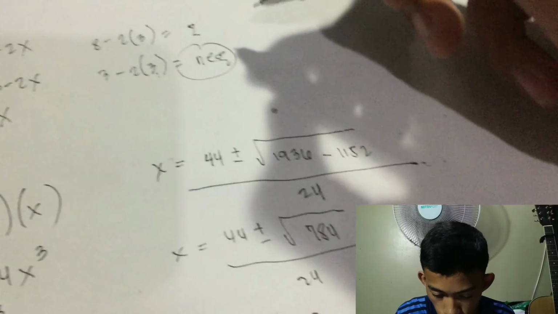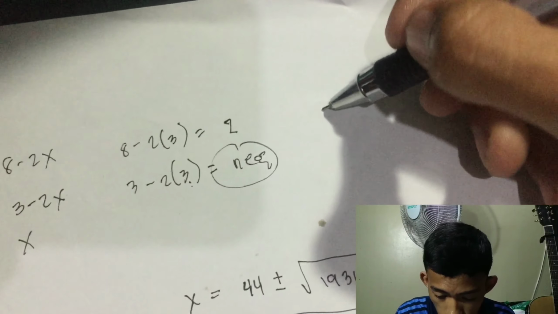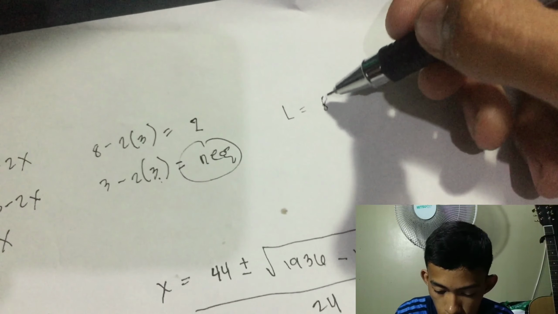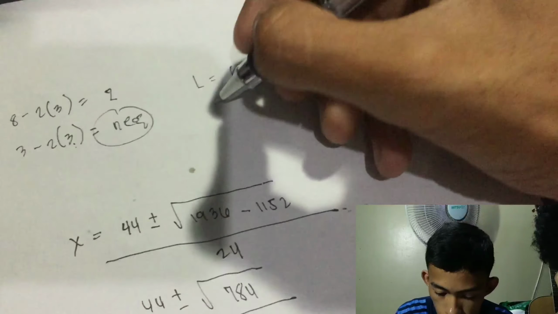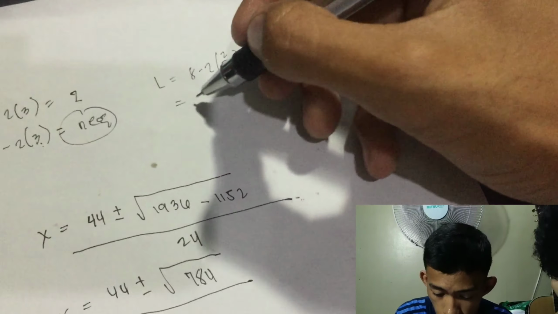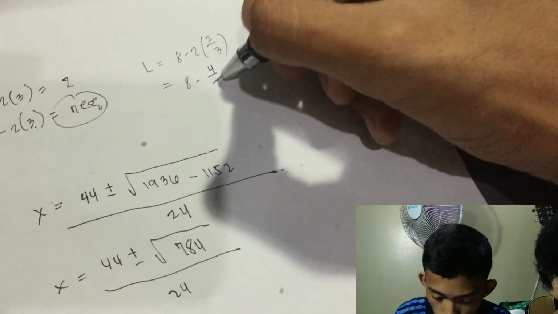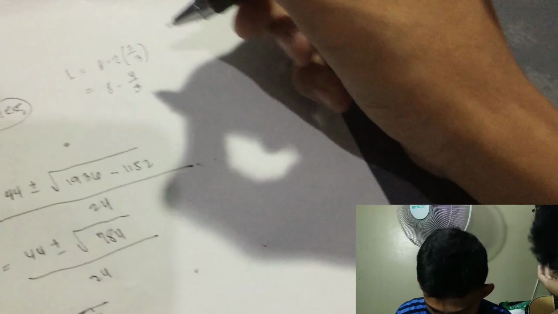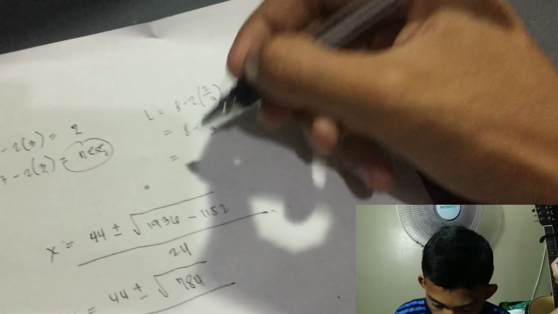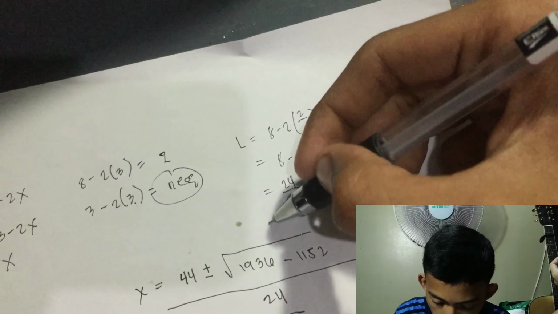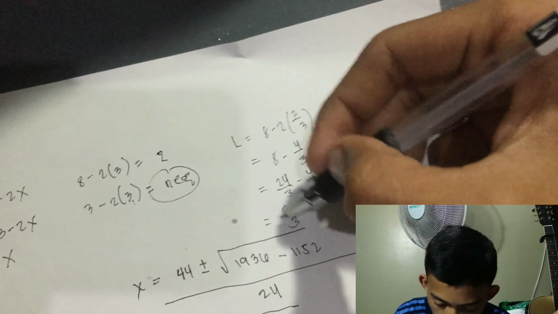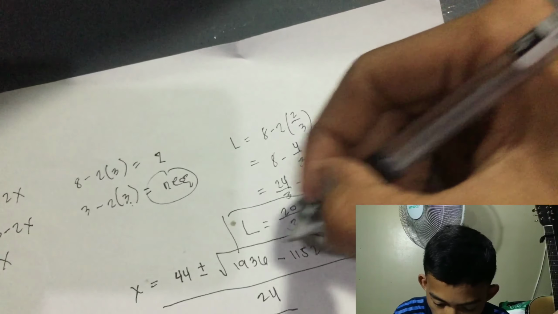So therefore the length is equal to 8 minus 2 times 2/3, which is 8 minus 4 over 3, which is 24 over 3 minus 4 over 3, equal to 20 over 3. This is now our length, and it is positive.